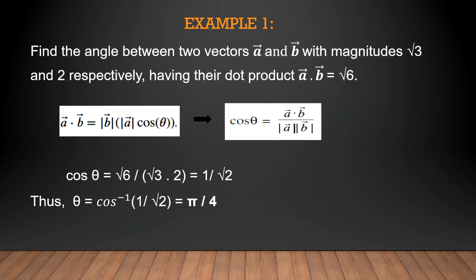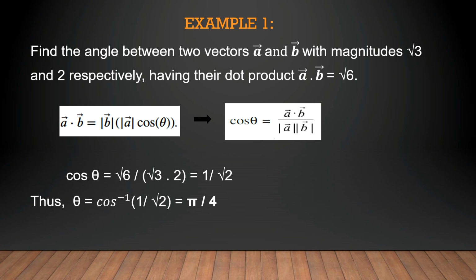Now we will start with the examples. So the concept of dot product is clear. First application: find the angle between the vectors A and B if the magnitudes are root 3 and 2 respectively, and their dot product is root 6.